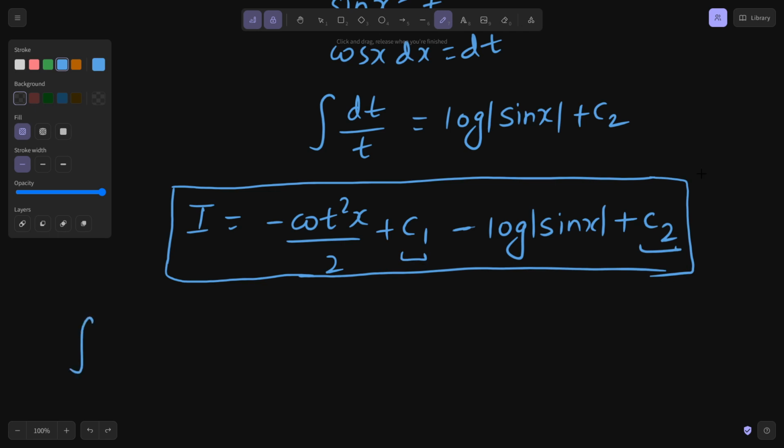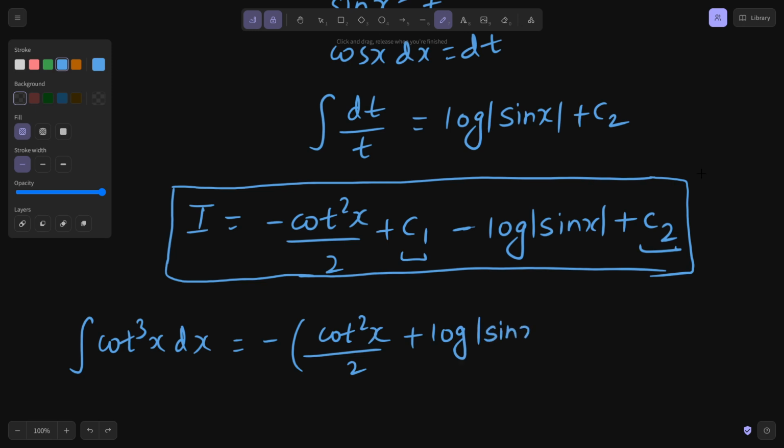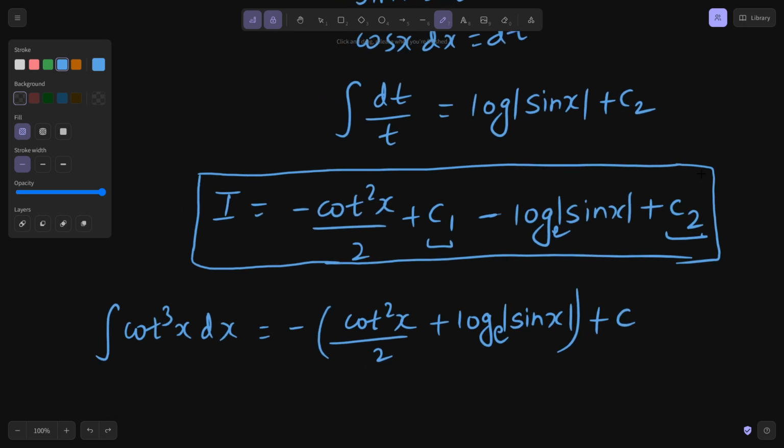So in the end I can write I was nothing but minus cot square x by 2 minus log sin x. c1 plus c2 can be merged into another constant, and if possible you can take the negative sign out also. Fine. Plus c, where c is c1 plus c2. Base, if you are thinking, base is always e when you are talking about the calculus part. We don't show the base, but it is obviously e.